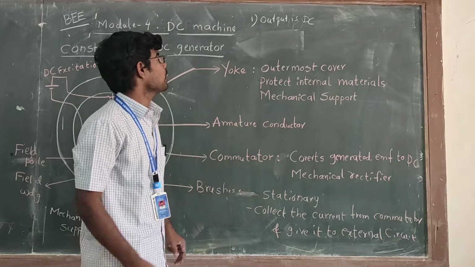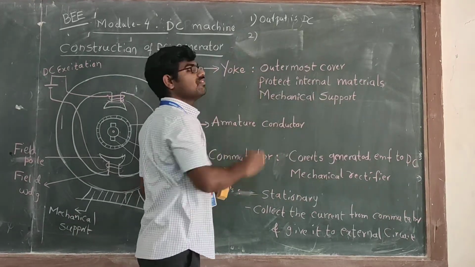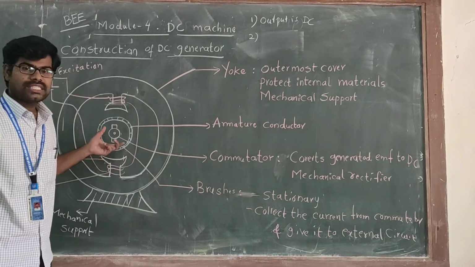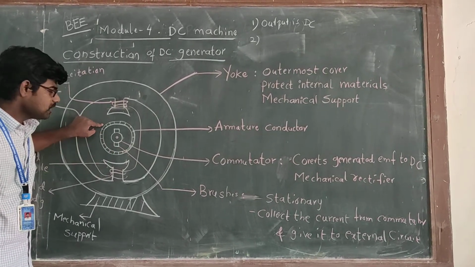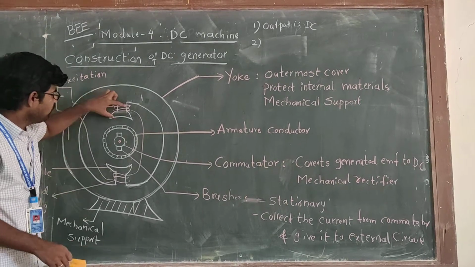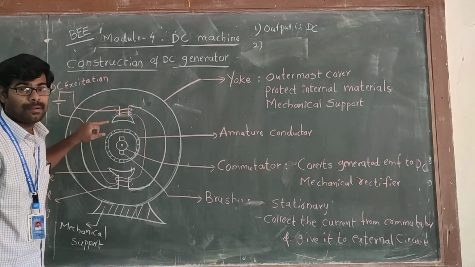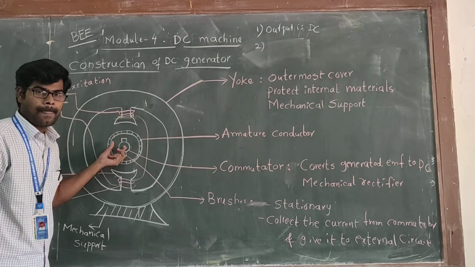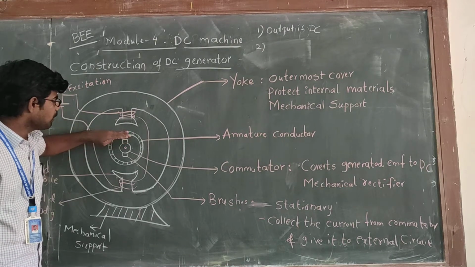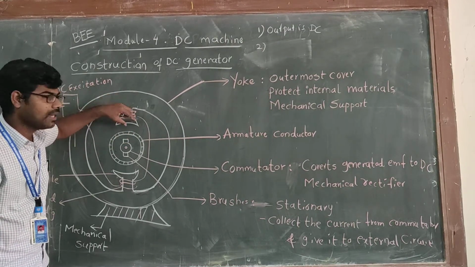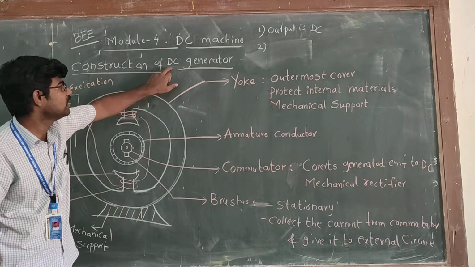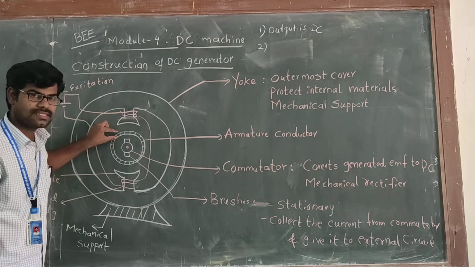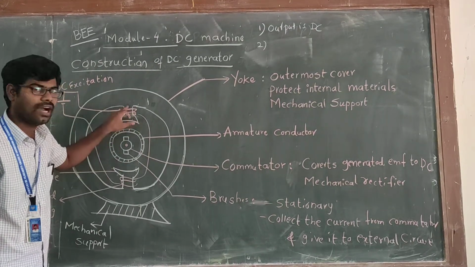One more constructional difference is that in the synchronous generator, the armature part was outside and the field winding part was inside. But in this DC generator, the armature is inside and the field winding is outside.